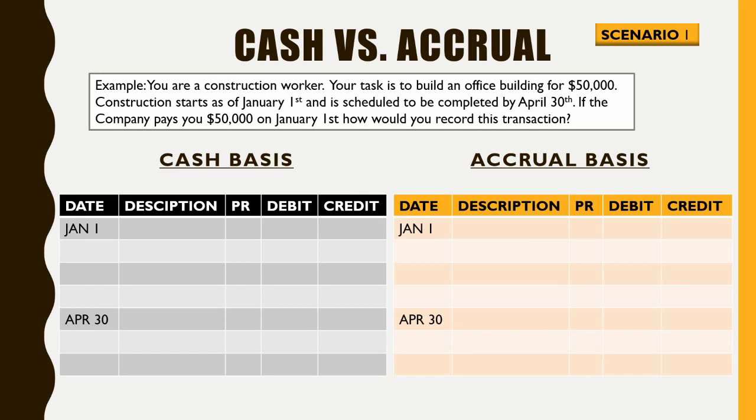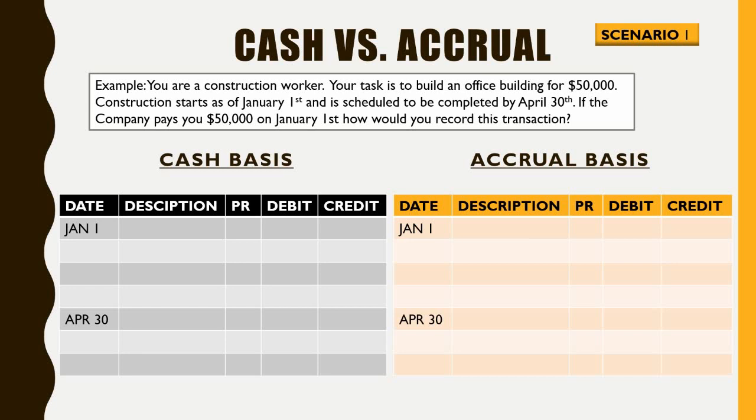So here we're taking a look at a construction worker. Your task is to build an office building for $50,000. The construction starts as of January 1st and is scheduled to be completed by April 30th.